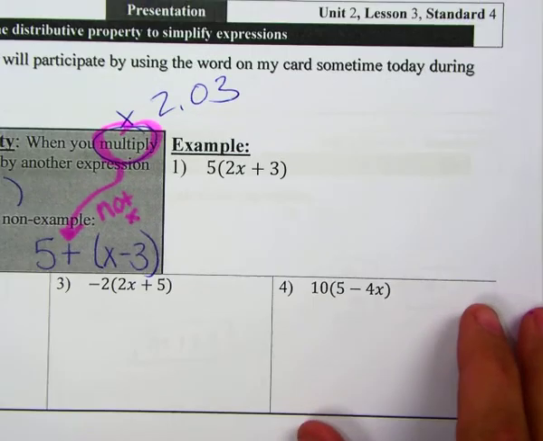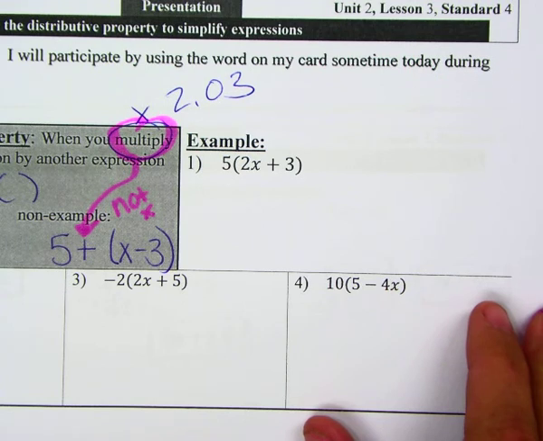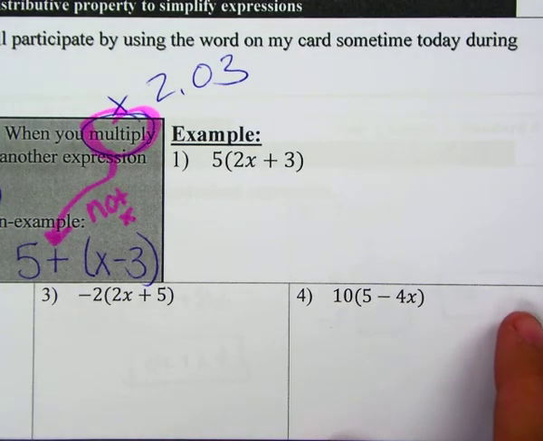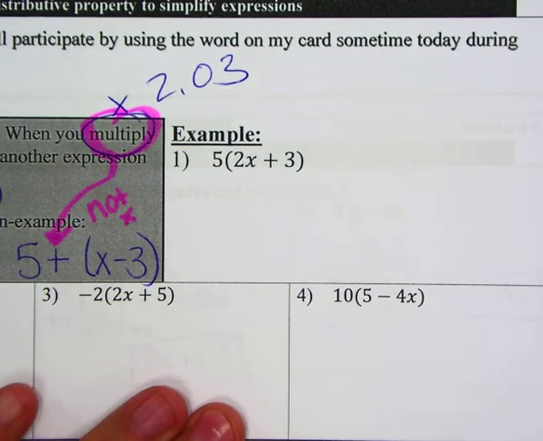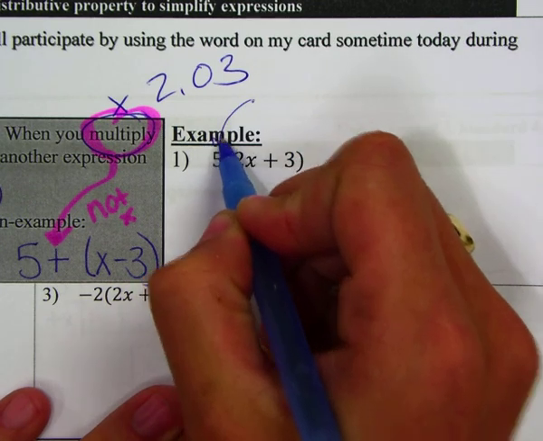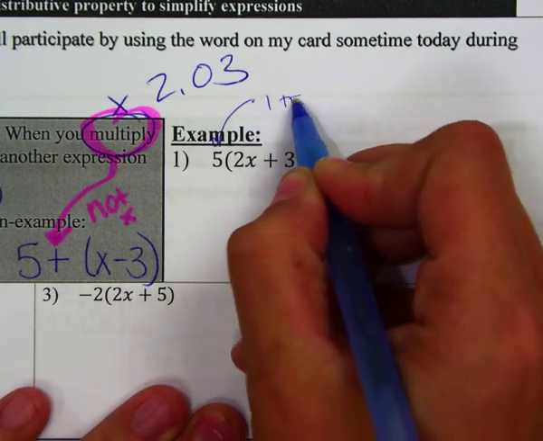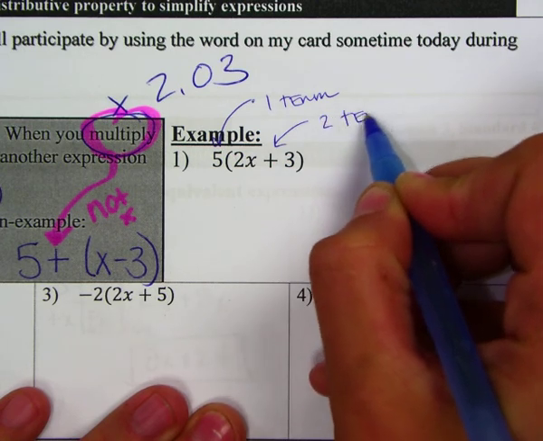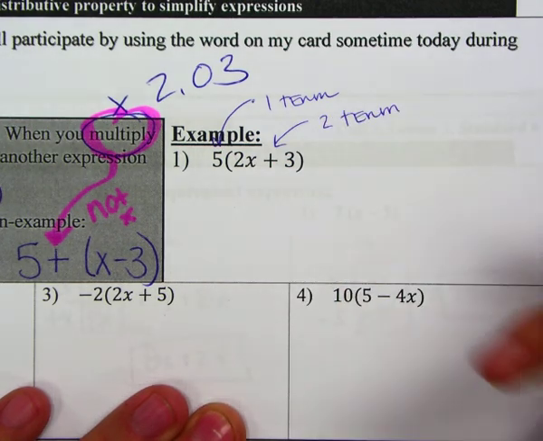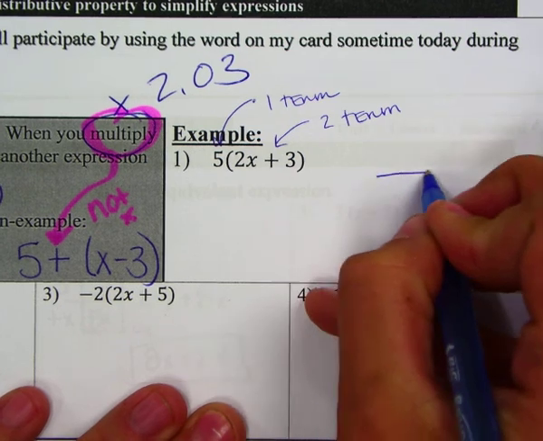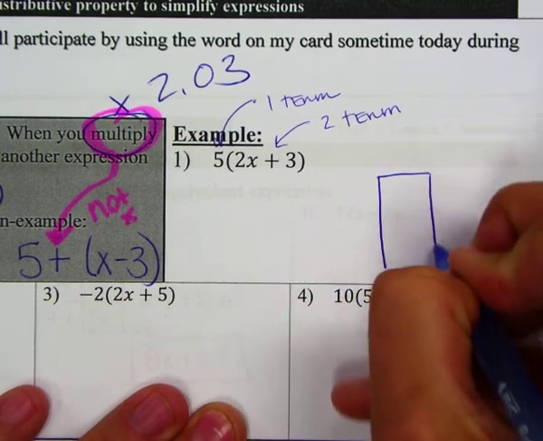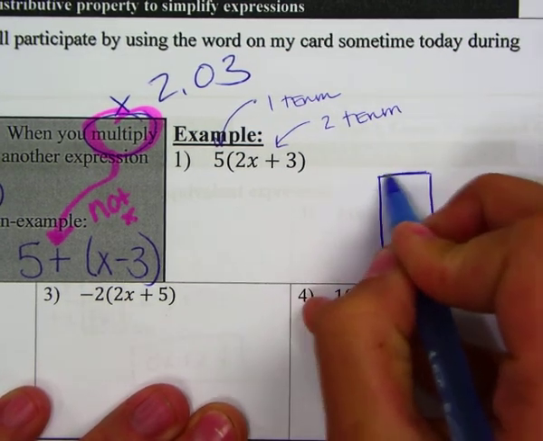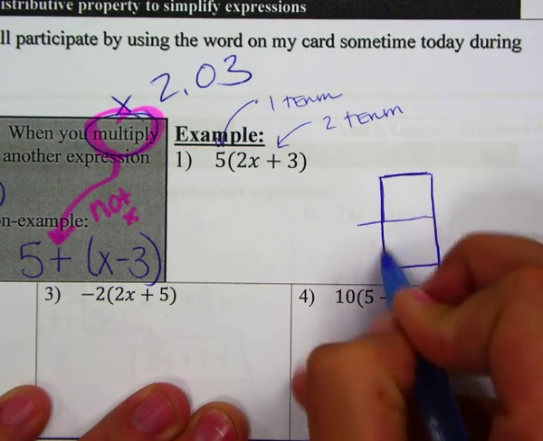You may have learned how to do this differently. However, we're going to use what's called the box method to do this. This is a one-term expression times a two-term expression. So we're going to draw a box that's 1 by 2. One expression, two expressions.